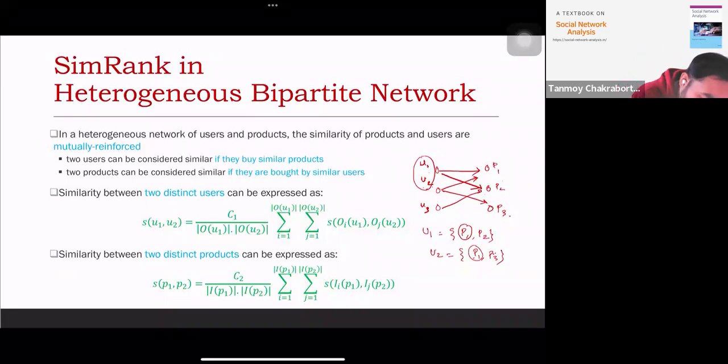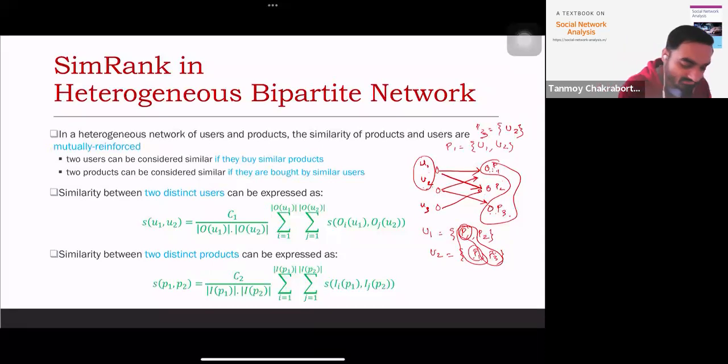Now, in order to calculate the similarity between P1 and P3, how do you do that? The similarity between P1 and P3 is again defined by the similarity of their inward neighbors. P1's inward neighbors are U1, U2, and P3's inward neighbors are only U2.